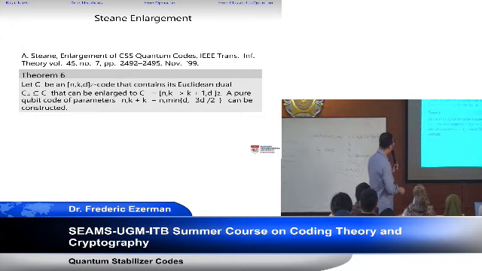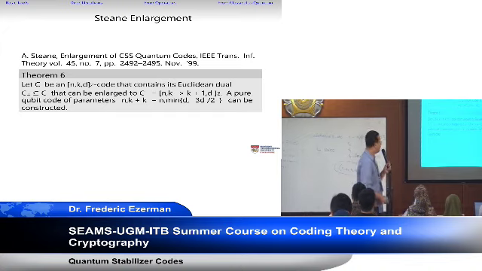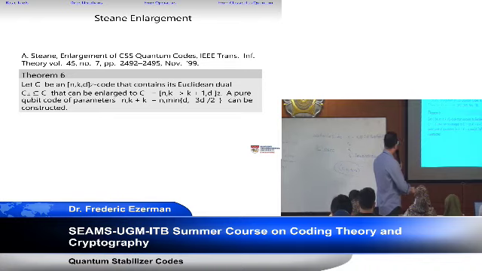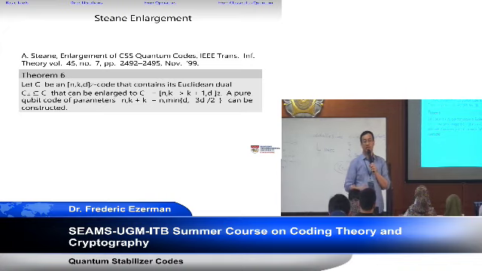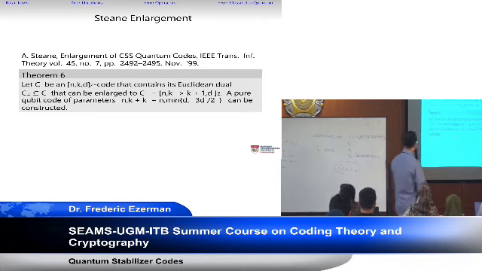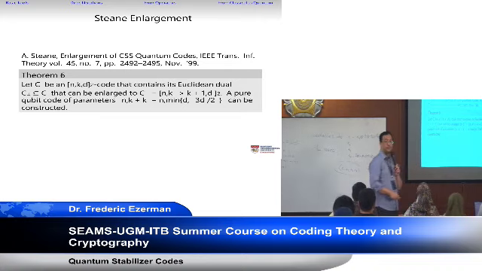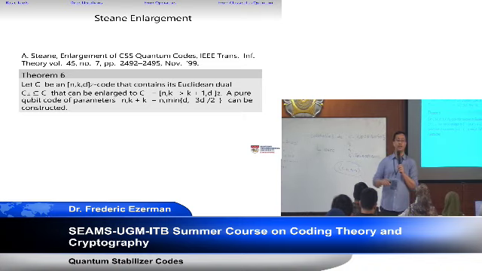The distance may drop. So here is my enlargement theorem. You can check that reference. It is also widely used in works of people who look into quantum codes. Here you enlarge the rate, but you may pay the price in terms of the distance.